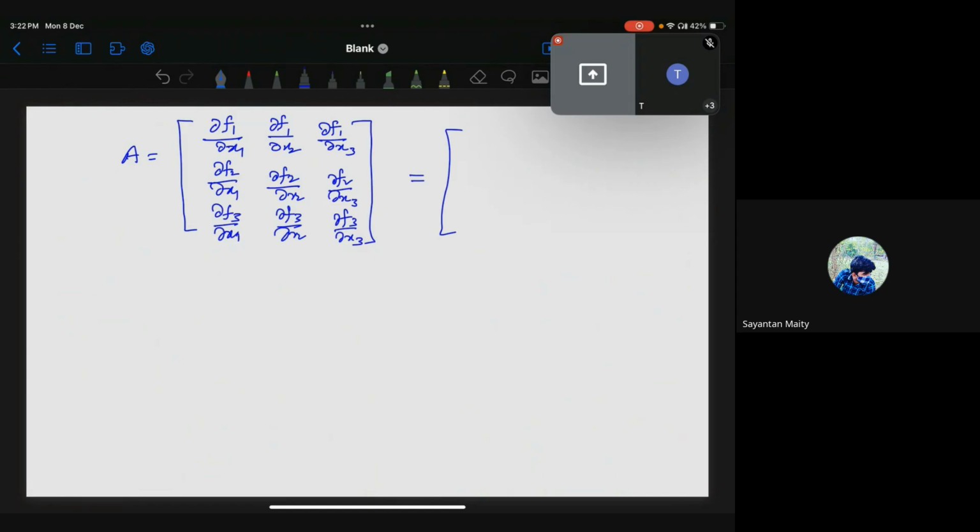Similarly, let's write down the B matrix also, then we will calculate. The B matrix is ∂F1/∂U1, ∂F1/∂U2. Why are we taking U1, U2?